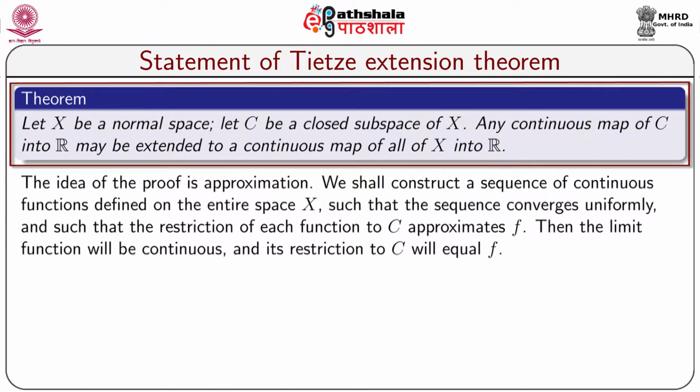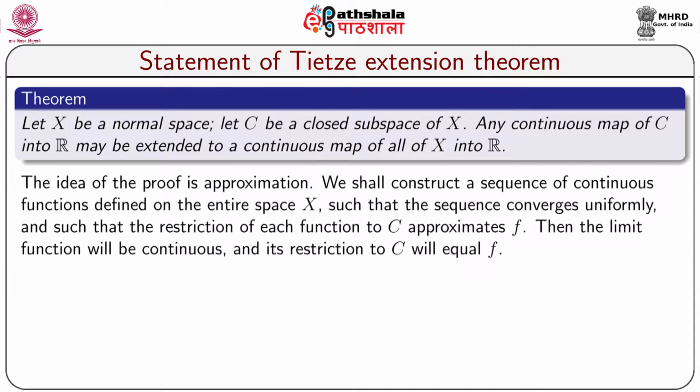Let X be a normal space and C be a closed subspace of X, then any continuous mapping from C into R may be extended to a continuous mapping over X. Just in the previous example, we have shown an example of a normal space and a subspace of it. The closed unit interval [0, 1] is a normal space and the open interval (0, 1) is a subspace of [0, 1].